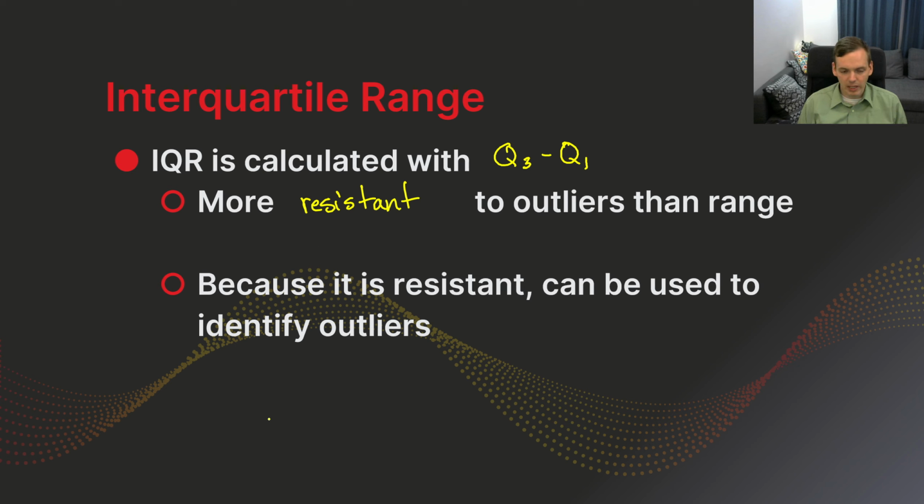identify potential outliers. And this uses what we call the 1.5 times IQR rule. So 1.5 times the interquartile range.